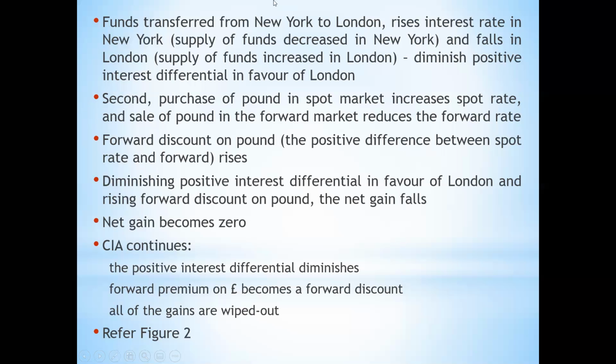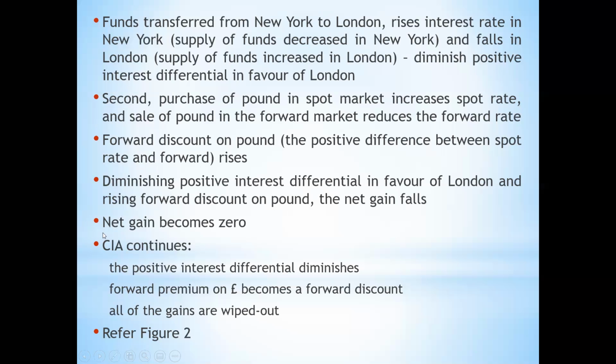Now you can see the interest difference in favor of New York is decreasing. As the interest difference decreases, it is reflected through the forward discount on the pound. On the one hand, the interest difference is decreasing; on the other hand, the forward discount on the pound is increasing.